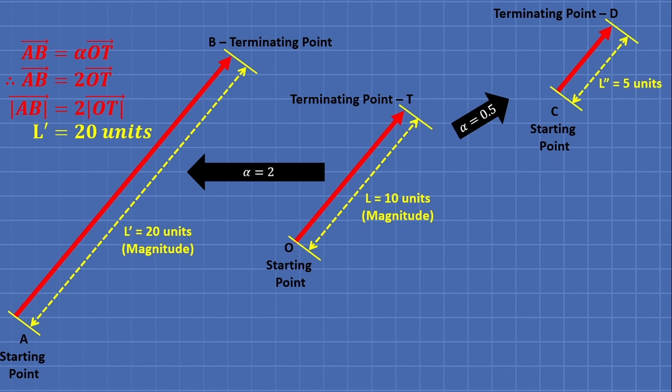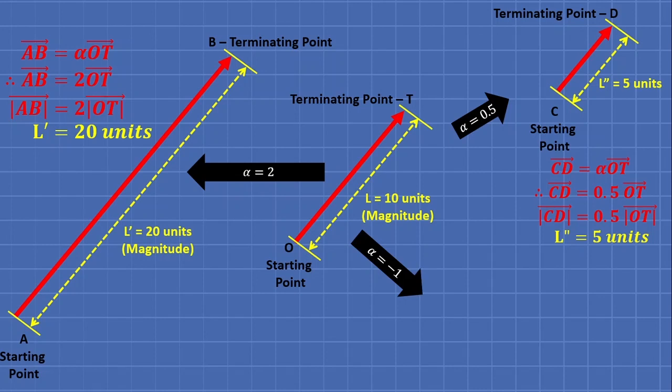Because here the multiplier or the value of scalar is 0.5, that is the magnitude of the scaled vector will be half the magnitude of original vector, and magnitude of original vector is 10 units. So the scaled vector will have magnitude of 5 units. Here the same thing can be explained, that is CD bar is equal to alpha OT bar, and magnitude of CD bar is equal to the value of alpha, that is 0.5, times OT bar. So L double dash, which is the magnitude of vector CD, will be 5 units.